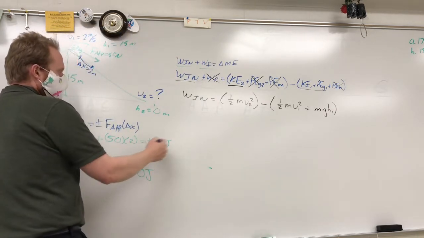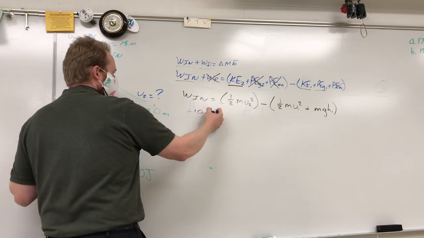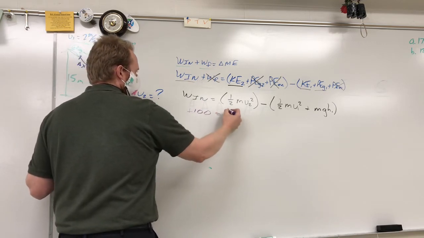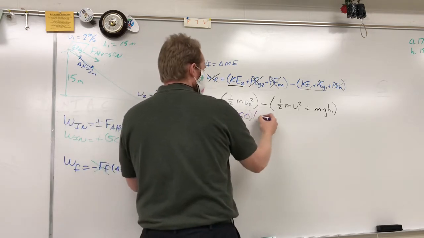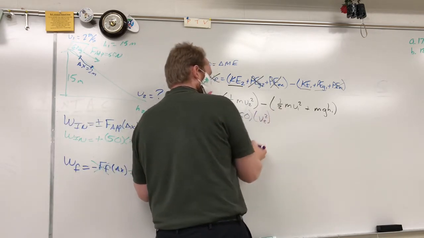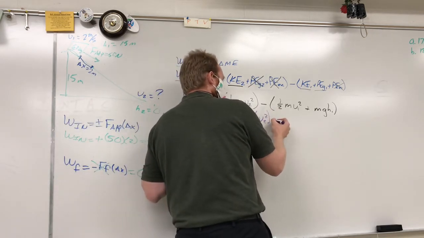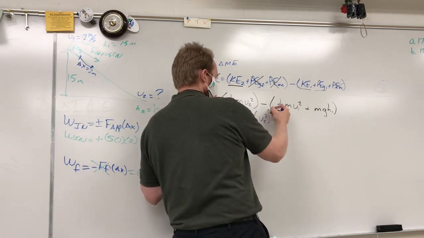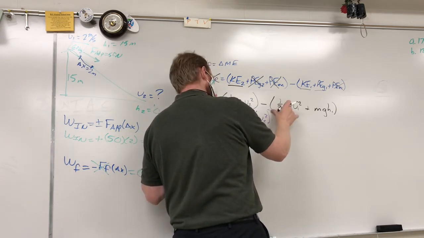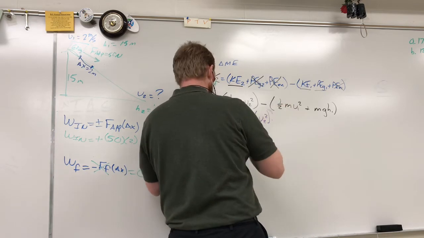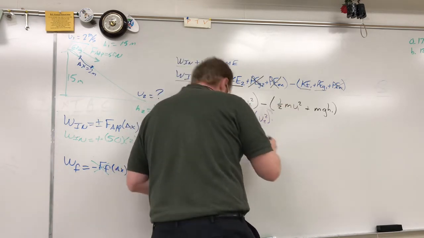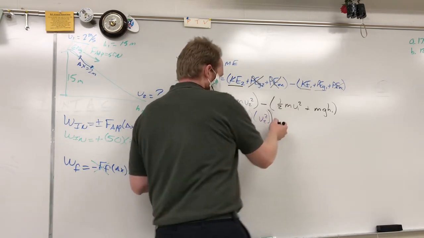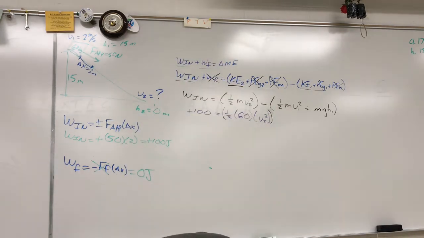We start plugging in numbers. Work in is going to be 100, 1/2 times your mass times v2 squared. That's what we're solving for. Gosh, I used a lot of parentheses already, so technically, color code. This is the parentheses around everything on the outside.